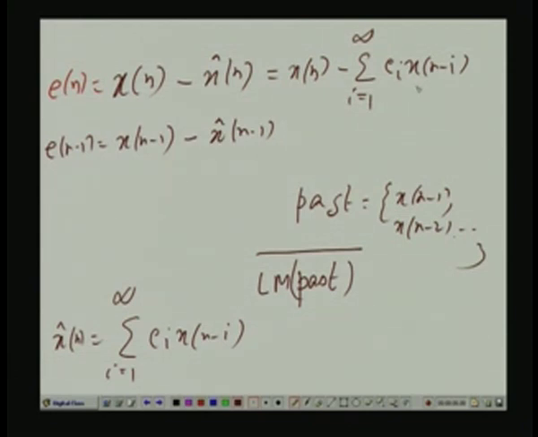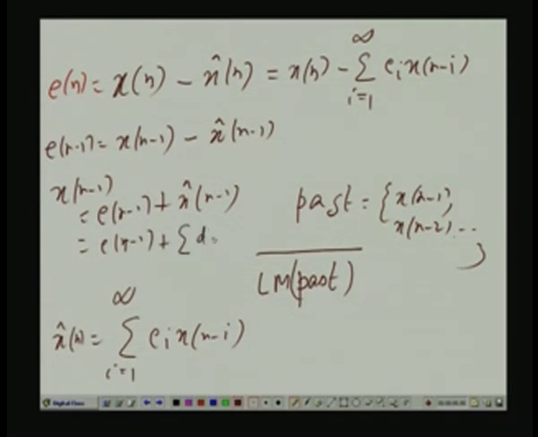This x n minus 1 can be written as E n minus 1 plus x cap n minus 1, and x cap n minus 1 is again a linear combination, maybe say d I x n minus I, but I will start at 2 to infinity.